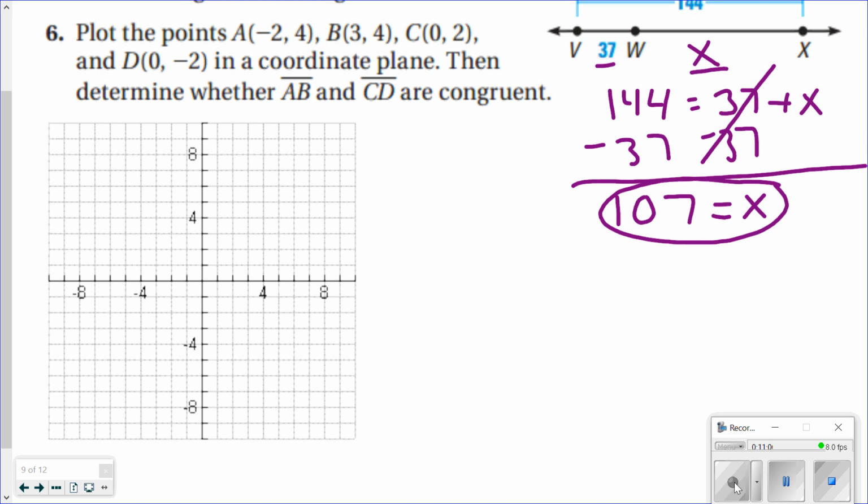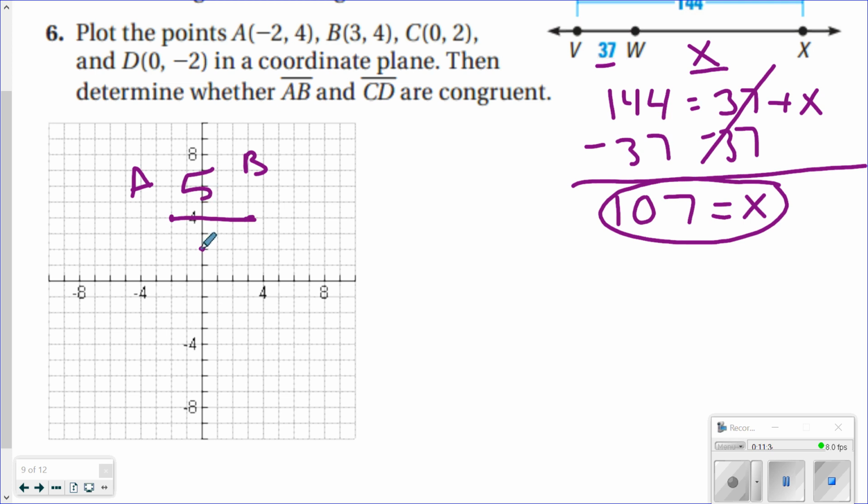So A is -2, 4. I'm going to call that A. B is 3, 4. There's my segment. The length of this segment is 5. Once again, just count from A to B. C is 0, 2.